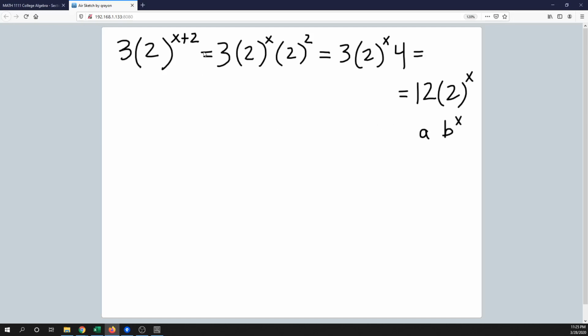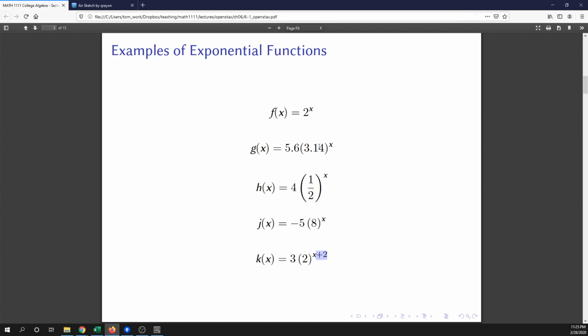At first it doesn't look exactly like a times b to the x, but you can rewrite it so that it looks like that. And if the exponent is a linear function, then you can do this trick I showed you, plus possibly another one, to rewrite it in this format. So that one is an exponential function.